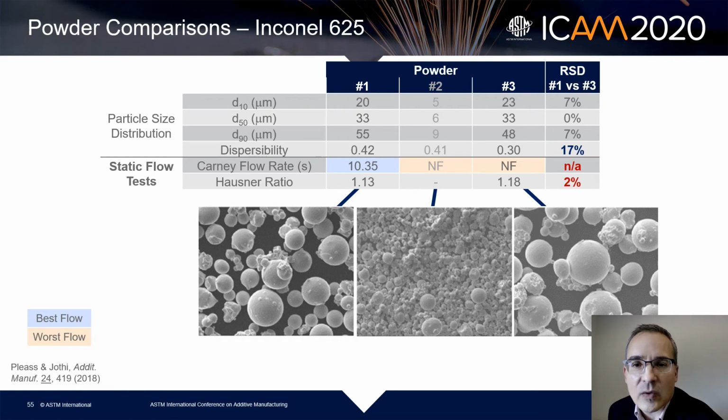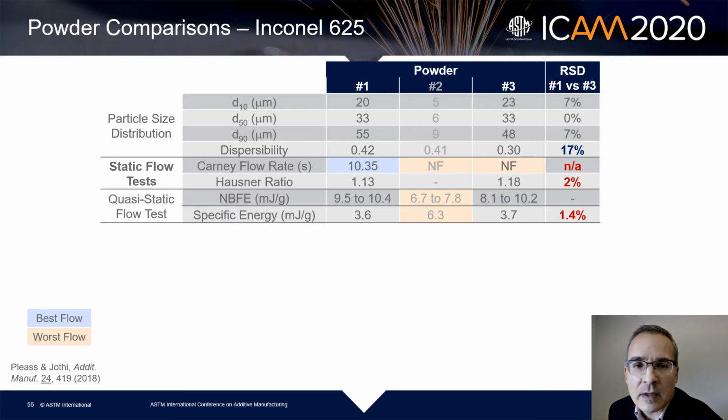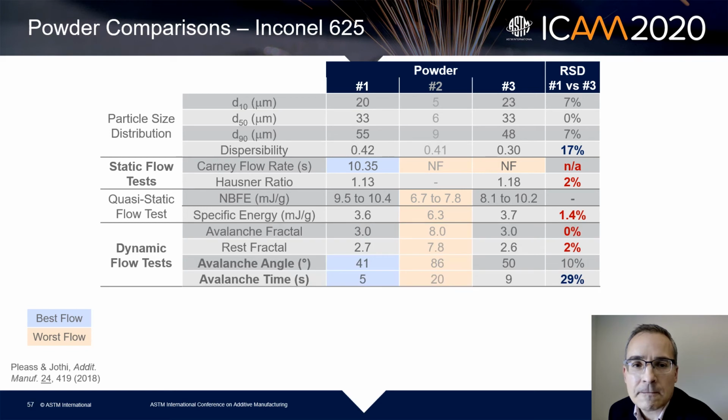Static testing, again, one of them flowed, the other did not. Hausner ratio, they're almost indistinguishable. Using the quasi-static Freeman testing, they were able to identify the poorly flowing powder, but the properties for the two other powders basically overlapped or were not distinguishable.